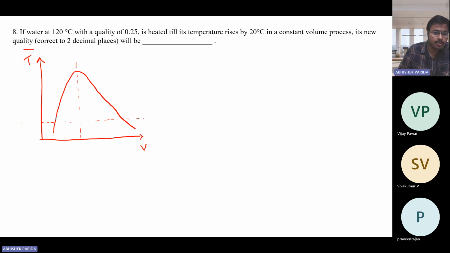This is 120 degrees Celsius, and this is 140 degrees centigrade. How do the constant quality lines look? This is the critical volume, critical pressure, critical point.